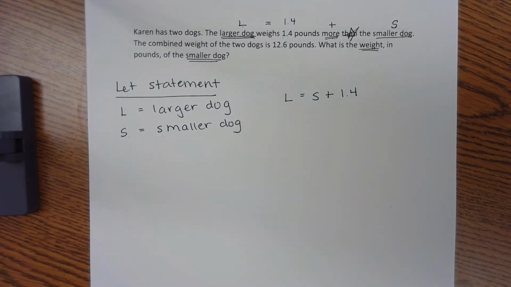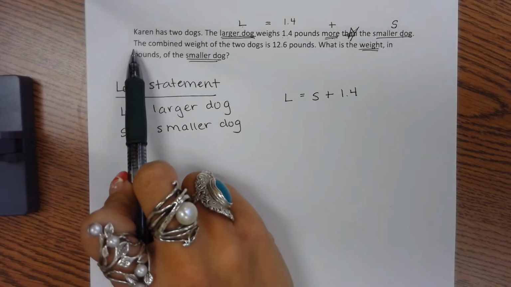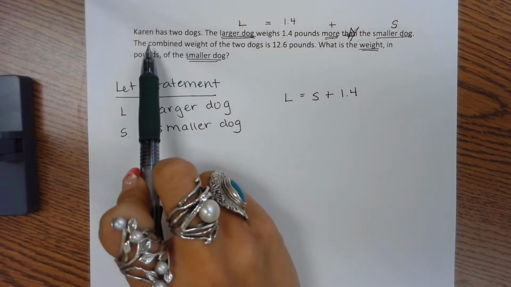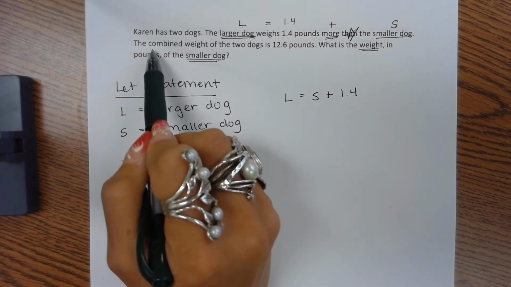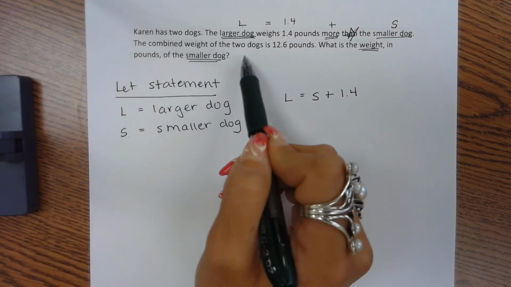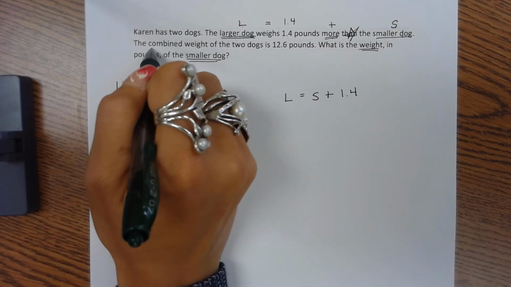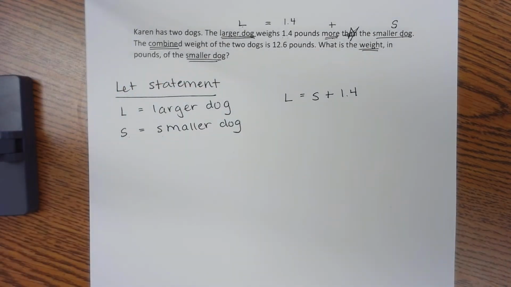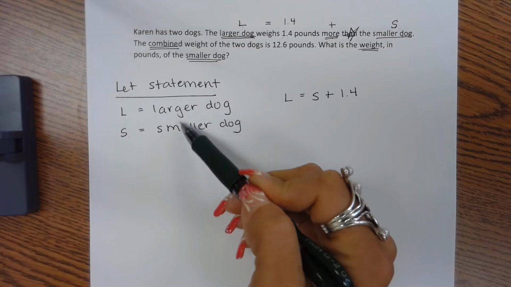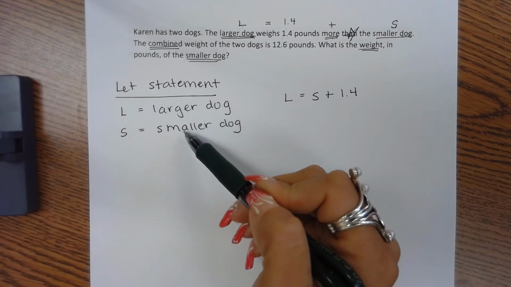Now let's look at our second equation that we're going to have to write. The combined weight of the 2 dogs is 12.6 pounds. So combined means it's both the larger and the smaller dog.